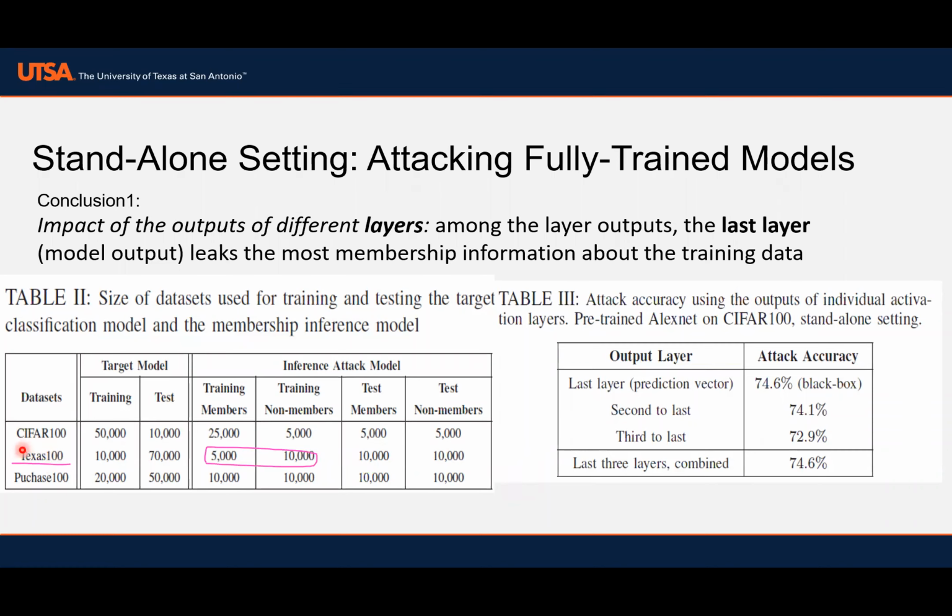The accuracy is about 60%. So they didn't show the details of Texas 100 and Purchase 100. They only show them in one table and didn't show the details.